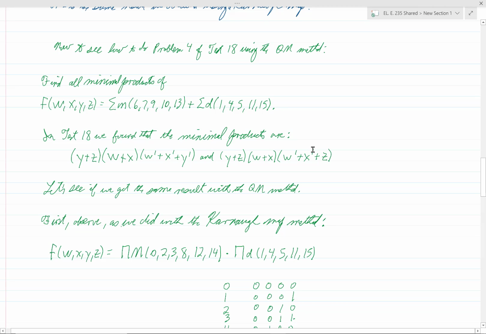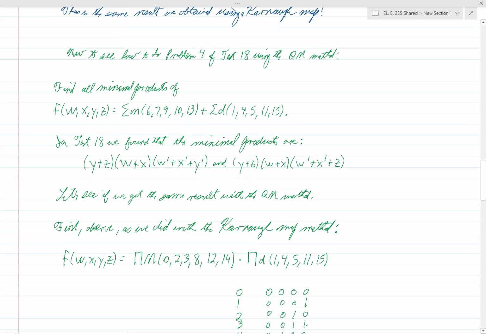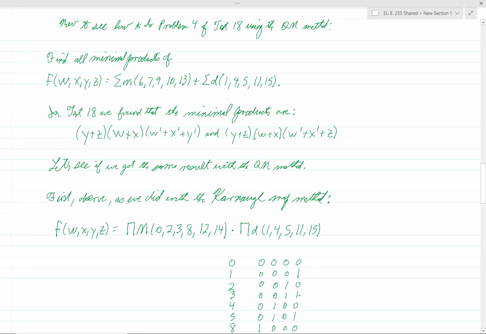So how do we do this with the Quine-McCluskey method? Well, the first thing we do, and this was the first step with the Quine-McCluskey method as well, is this problem is written in terms of min terms, but we want minimal products, so we'll write it in terms of max terms. And this is what we got, and we talked about this already because, again, that was the first step with the Quine-McCluskey method as well.